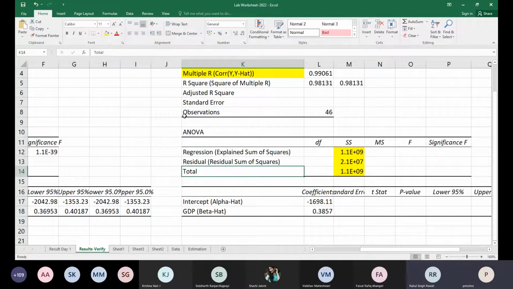And total means total sum of squares. Okay. Already we have discussed.